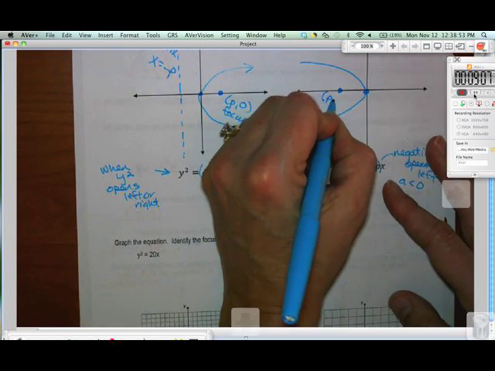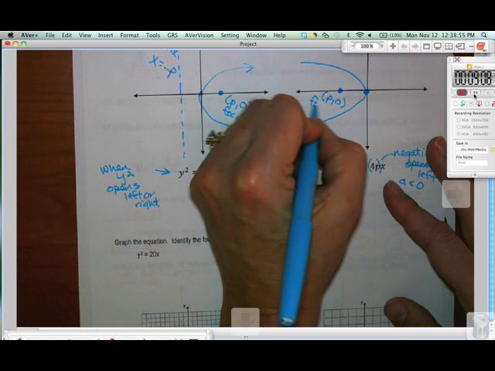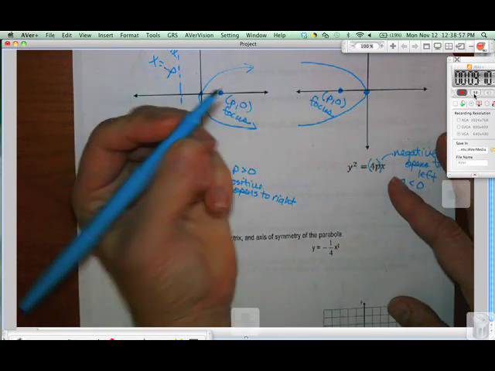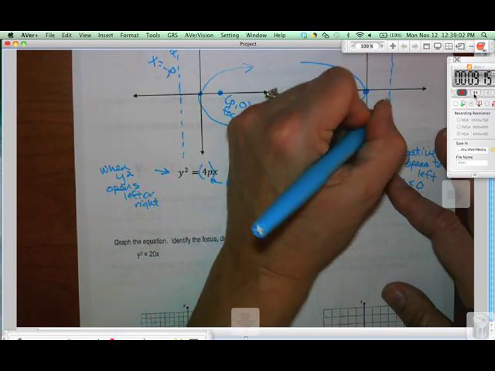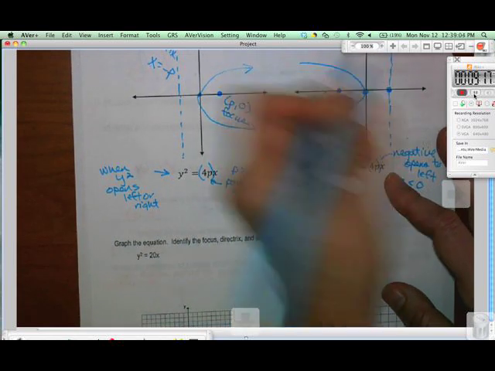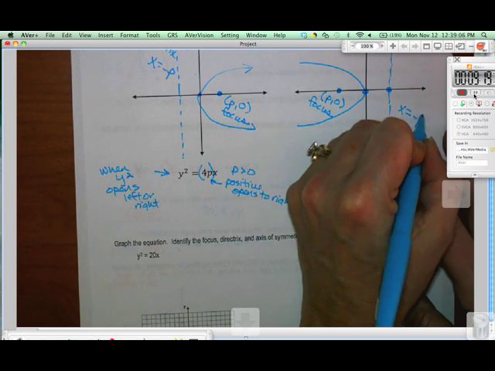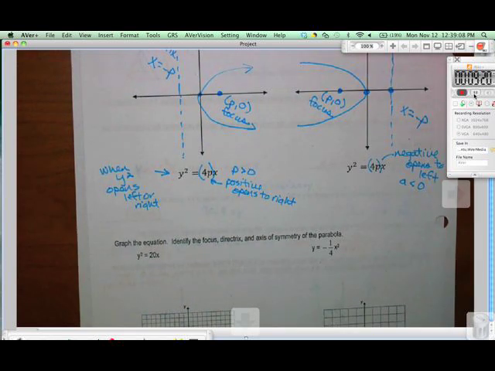And that's still going to be (p, 0). And my directrix is going to be the same distance over here. It's a vertical line, and it's going to be x equals the opposite of p. All right. Opens left.